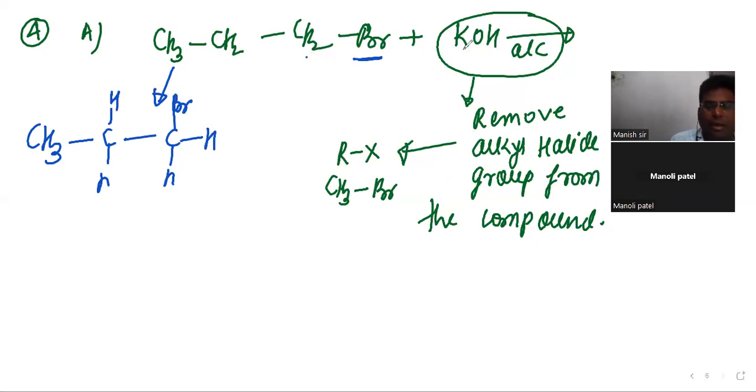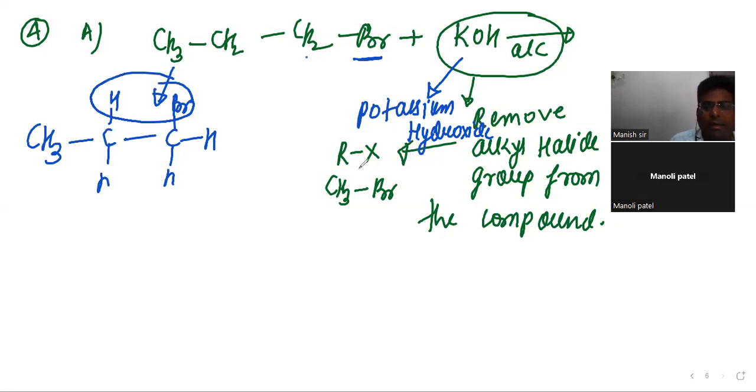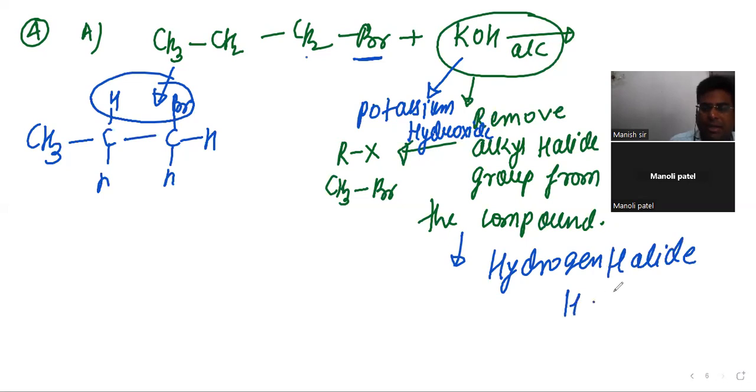So what does potassium hydroxide, KOH, do? It will remove this halide, or it is also called hydrogen halide, right? Hydrogen is fixed and the halide can be different. After removing this, we get a double bond here.